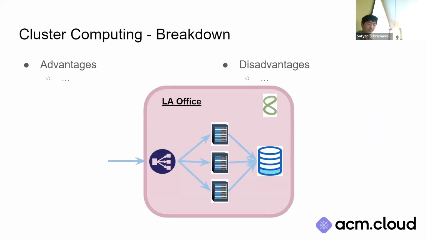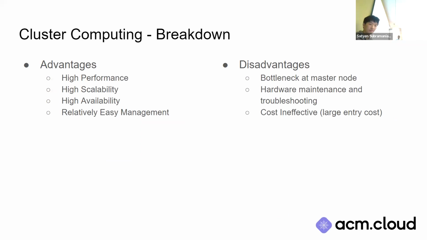Okay, so just hold that thought. Yeah, go on with that. Okay, so for cluster computing, let's quickly talk through some of the advantages and disadvantages, because this is basically the key type of distributed system that we're going to be working with. We have high performance because all the nodes are either physically sitting right next to each other or connected on a high speed network. So it's transparent and it looks like one system.